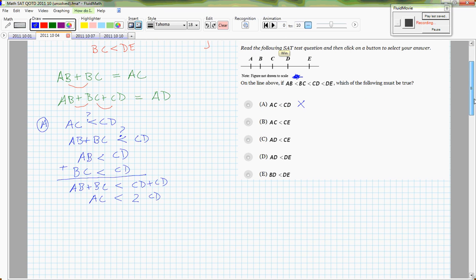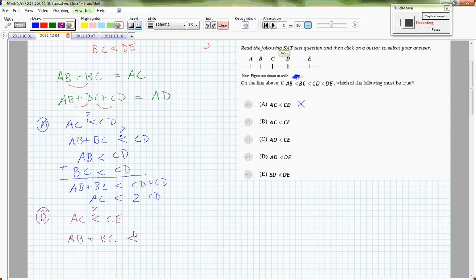Let's keep going here and try B. I'll change the color here. So choice B says, is AC less than CE? Can I say this for sure? Well, based on some of our reasoning in part A, let's remember that AC is really AB plus BC.